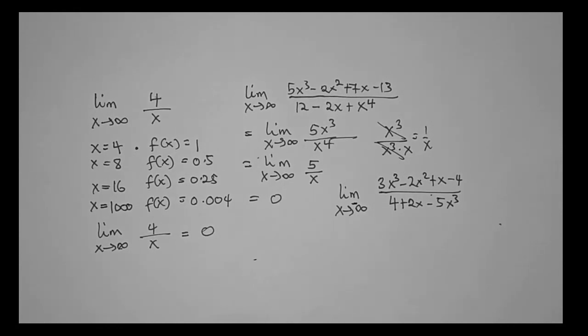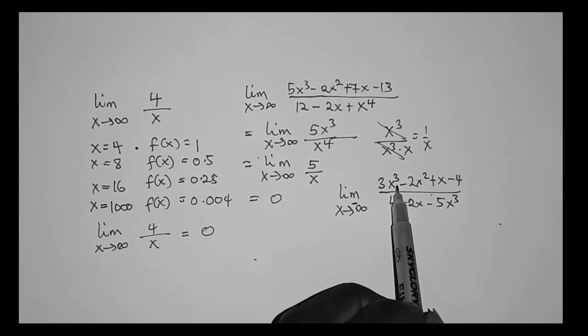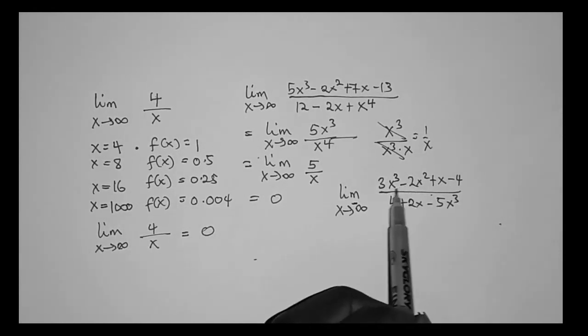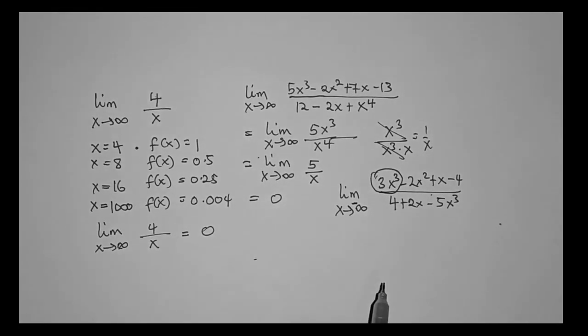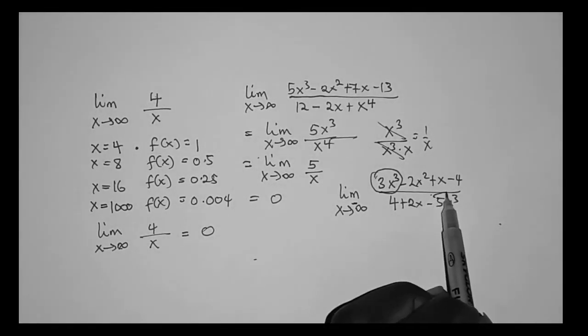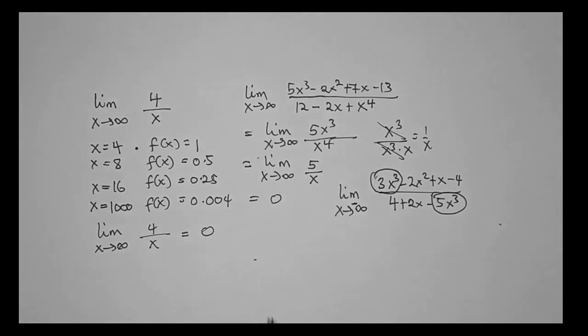So remember what we said earlier on: if it is a limit at infinity, then what matters about the rational function is the term with the highest degree. For the numerator, the term with the highest degree is what? 3x cubed. And for the denominator, the term with the highest degree is also 5x cubed.